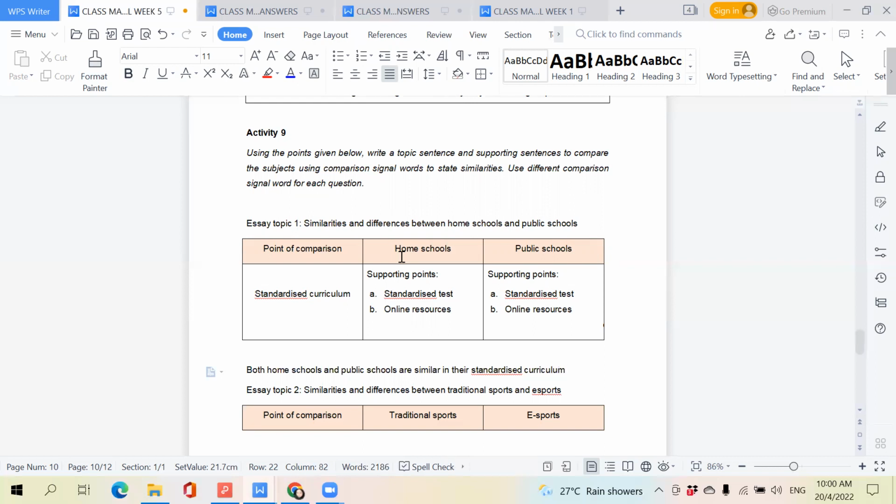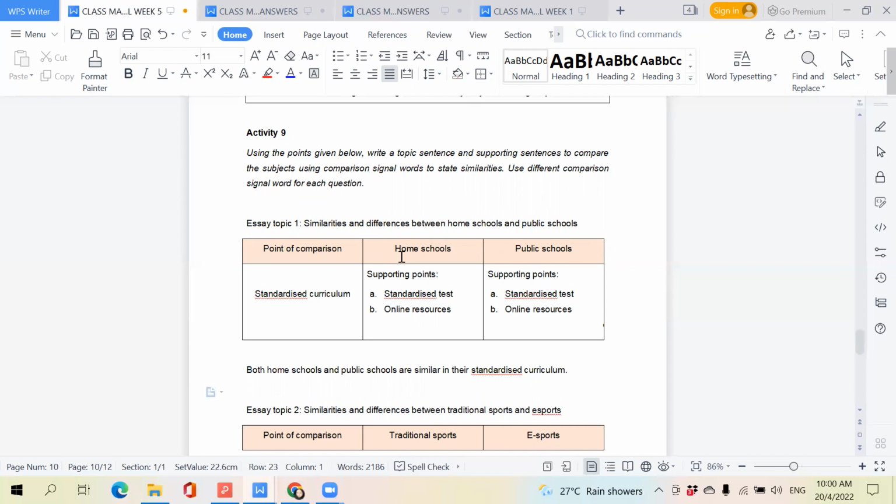So this is how you write your topic sentence. As easy as that. Both home schools and public schools are similar in their standardized curriculum.